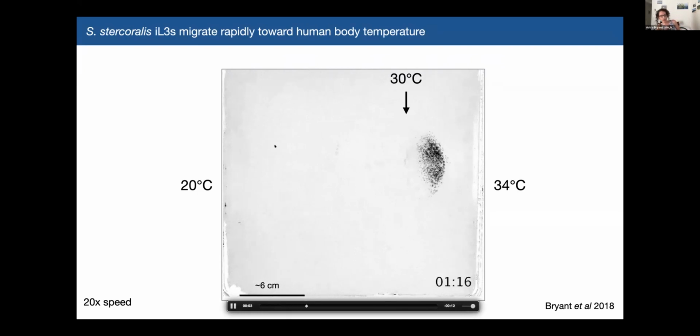So there you go. You can see these worms are moving really fast. I've sped the video up, but they're traveling 6 centimeters in under 3 minutes, which is pretty good for a worm that is 0.5 millimeter long. And this is the most robust sensory-driven behavior we've ever seen in any worm species.